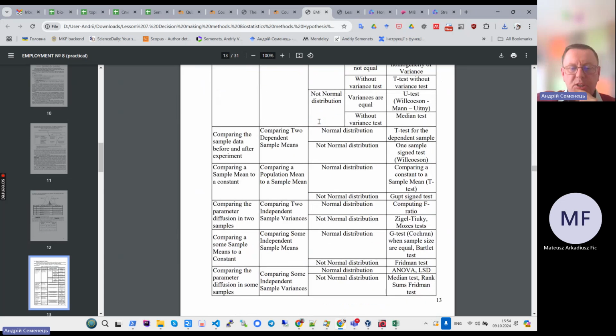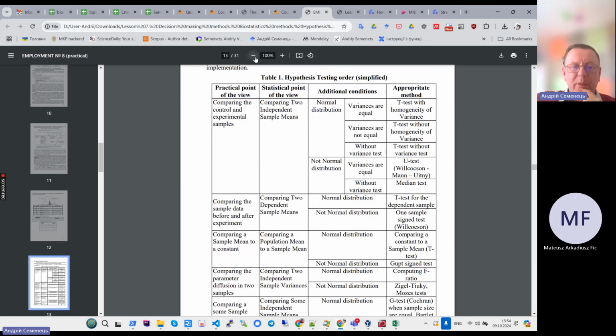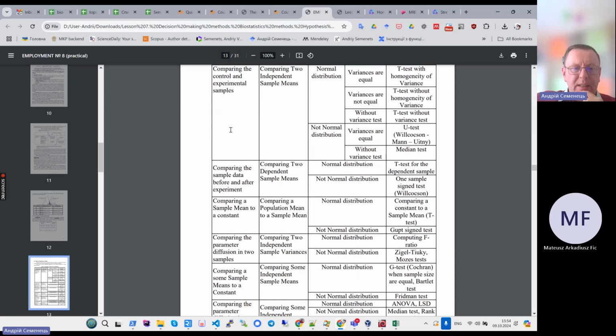Pay specific attention to the table on page 13. It provides a simplified algorithm for how to choose the proper hypothesis testing method. The table has to be processed from left to right. In the left column, you are given classes of practical tasks.